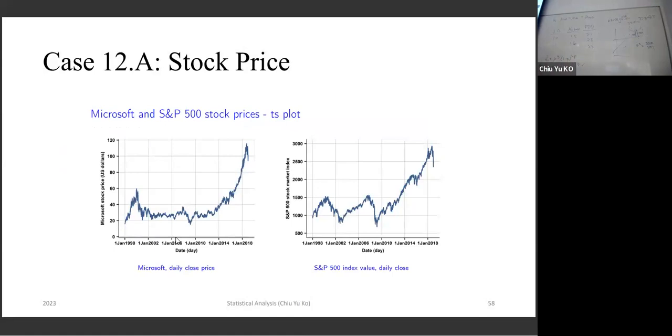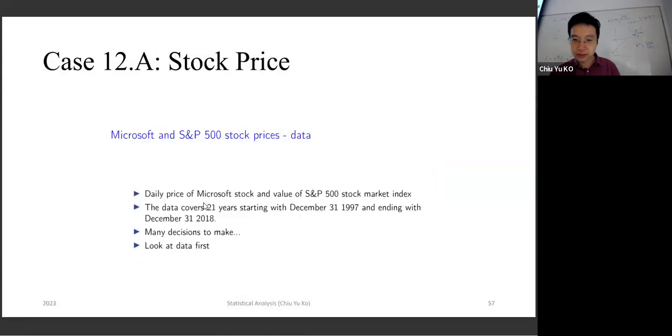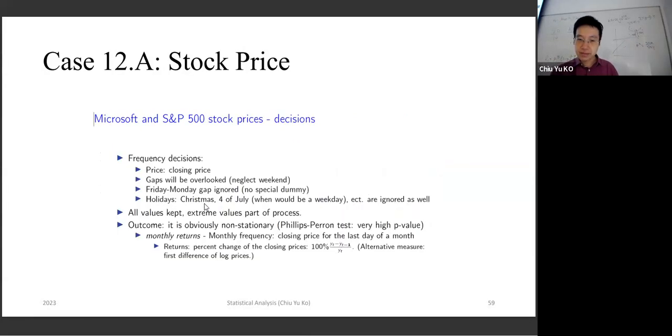Okay, detrended, but this is the index value. And what they do is the Dickey-Fuller test, and they figure out that it's non-stationary. As I said, only stock price would have this issue. For your case, you don't have this problem.